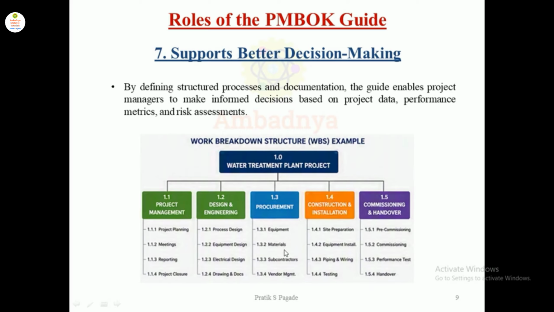Procurement is divided into equipment, materials, subcontractors, and vendor management. Construction and installation is subdivided into site preparation, equipment installation, piping and wiring, and testing. Commissioning and handover is divided into pre-commissioning, commissioning, performance test, and handover. This is the general work breakdown structure for your understanding.